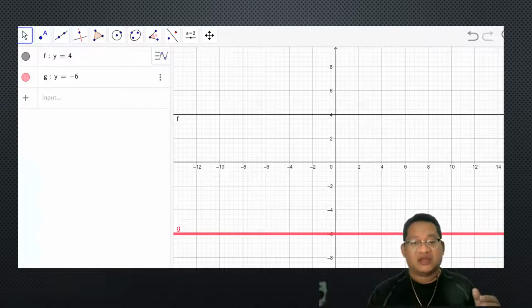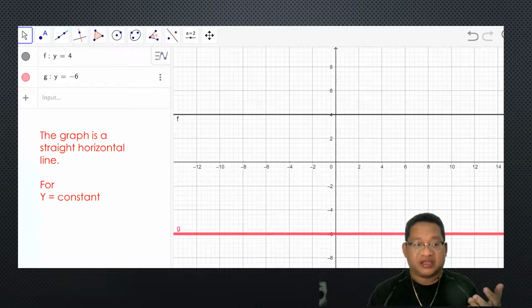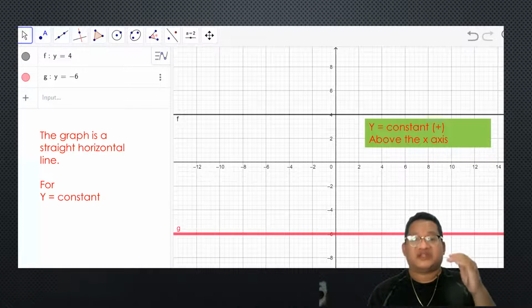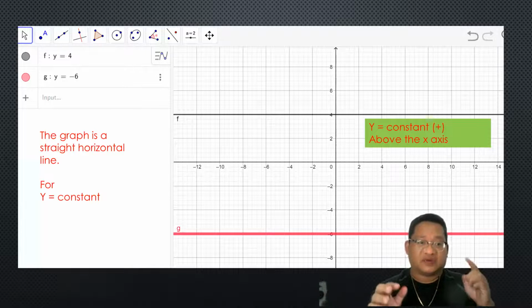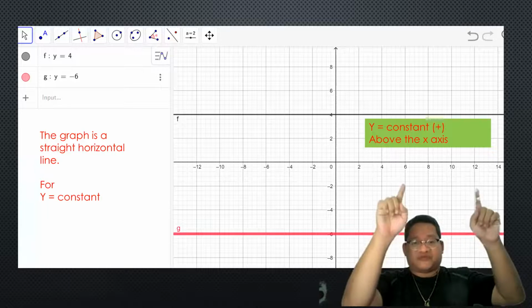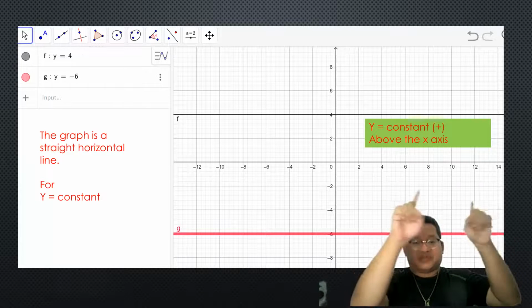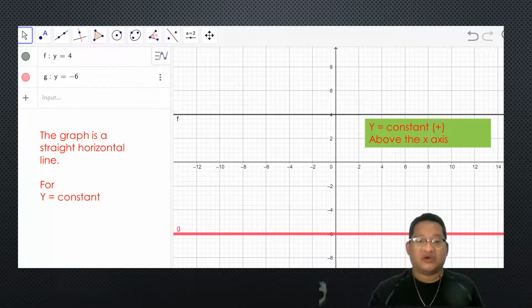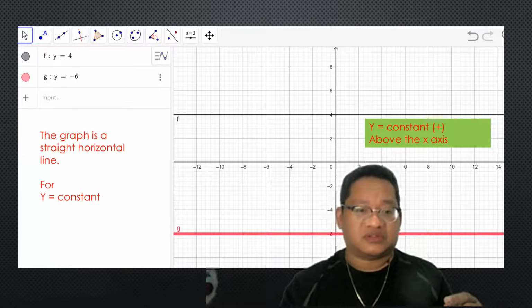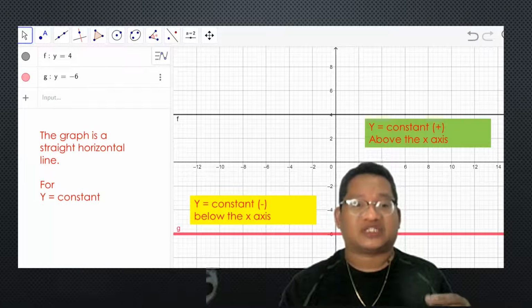From here, if the question follows the form y is equal to something, the graph is always a horizontal line. If it is a positive constant, y is equal to 4, it means it goes 4 units up from the x-axis. The red one is actually going down.